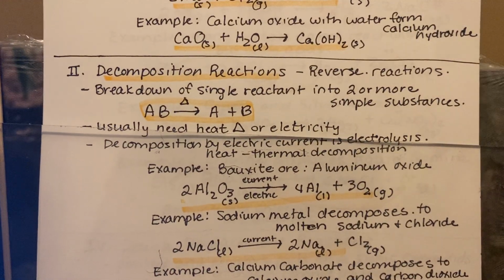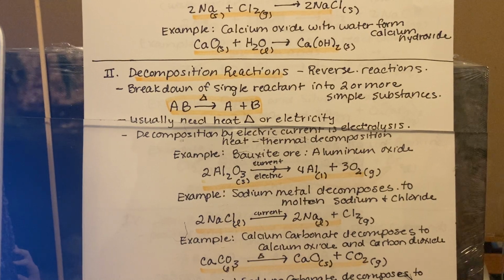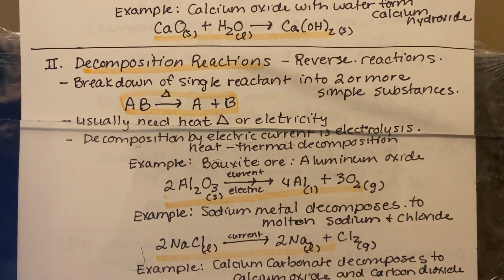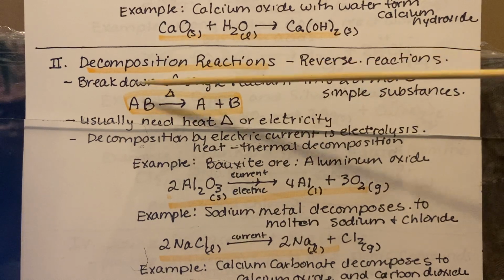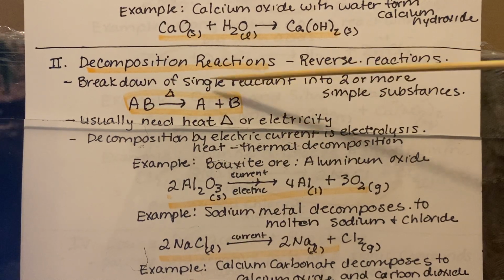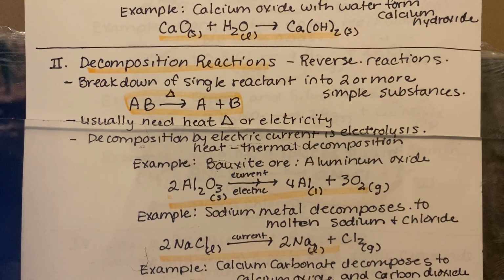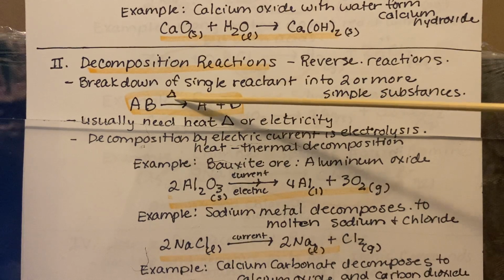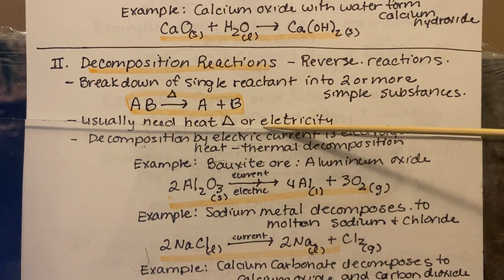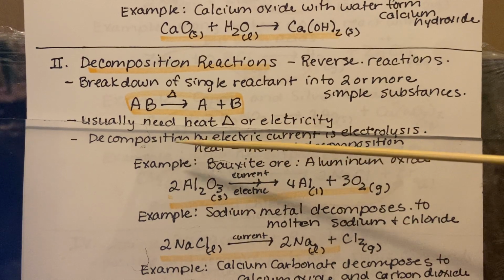Let's see if we can zoom in on this one here. Okay. So here we have a decomposition reaction. That's the reverse. So you have a breakdown of a compound into two or more simpler substances. A lot of times I put a little delta there. That means heat. You usually need heat or electricity to break down and decompose things, right?